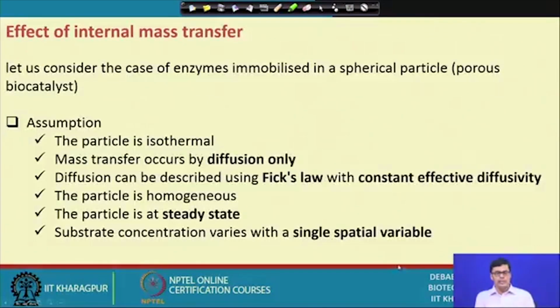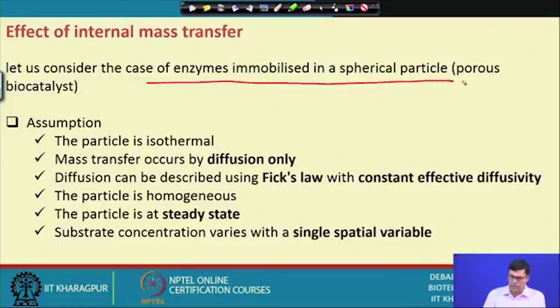Now, this is about the external mass transfer. Let me switch over to the internal mass transfer, when the enzyme is present inside the porous solid matrix. Let us consider the case of an enzyme immobilized system in a spherical, porous biocatalyst particle. The assumptions are that the particle is isothermal, which means you control the temperature to be constant, and mass transfer occurs by diffusion only.